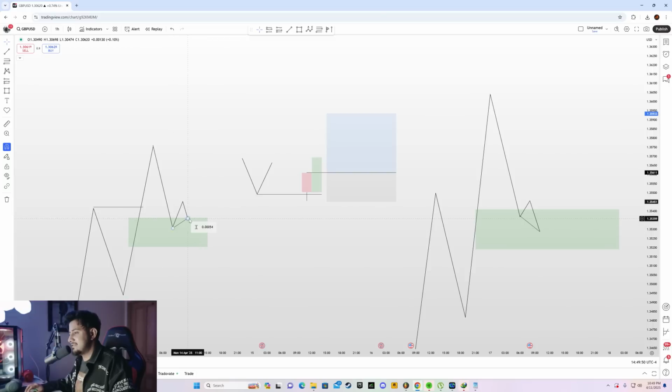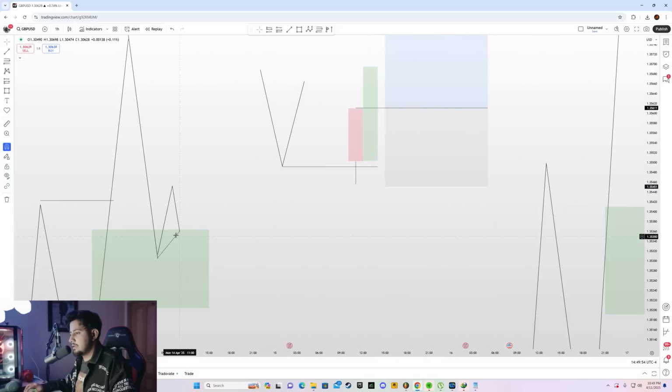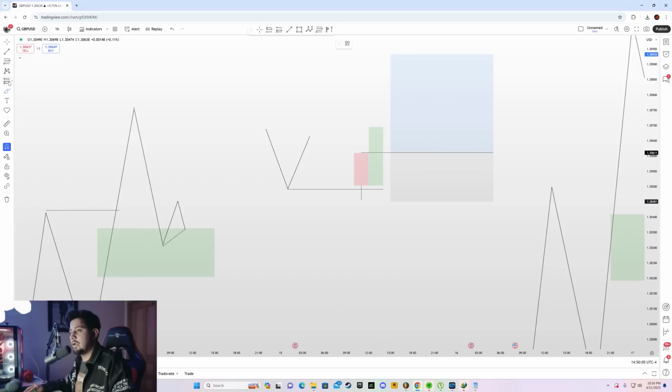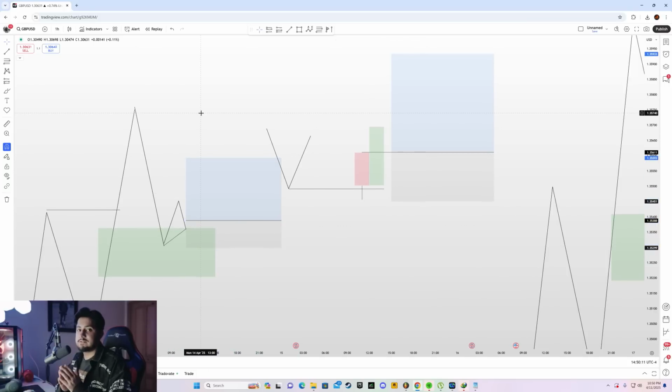Now once we have SMT here, we are looking for change in the state of delivery. So somewhere around here, you will look for a candle that swept some form of low. And I'm going to give you examples so you will understand what I'm talking about. Now once you have change in the state of delivery, you basically just take your entry and it's going to just fly towards your TP. Your stop loss goes towards here and you go for 1 to 2. Simple as that. Easy bread and butter model.